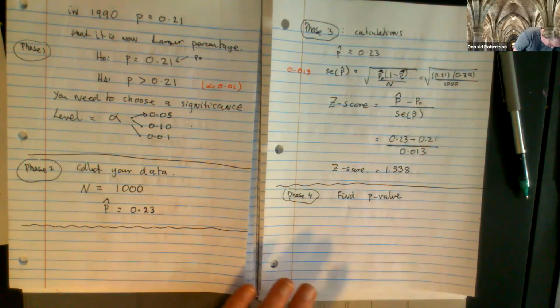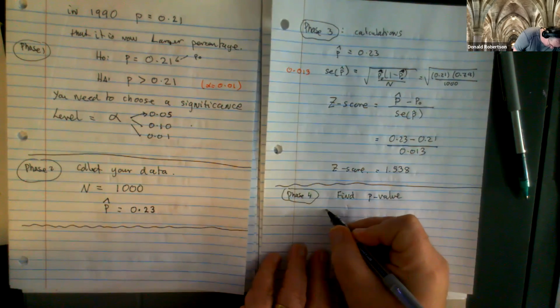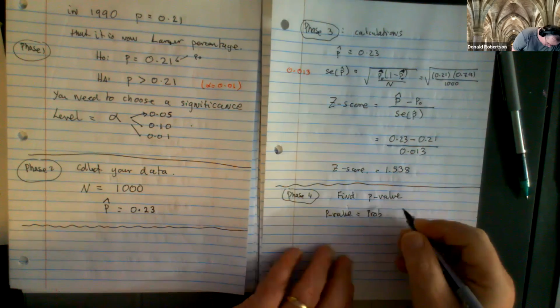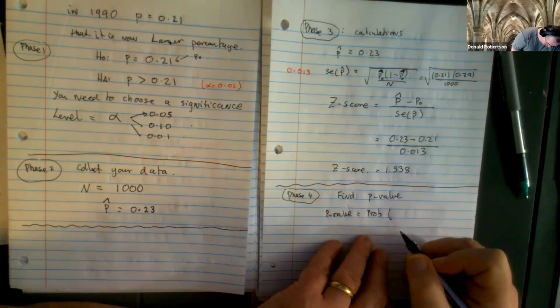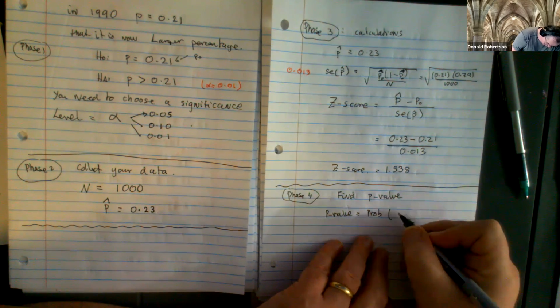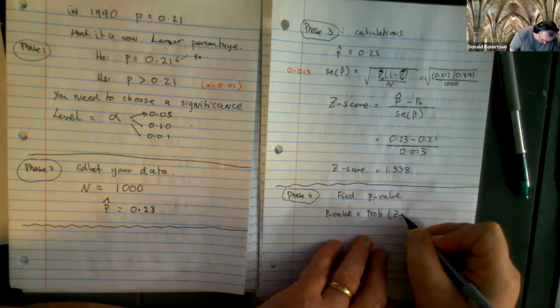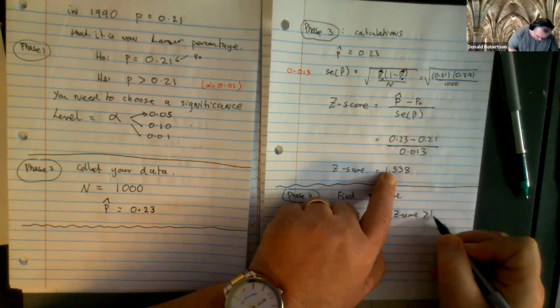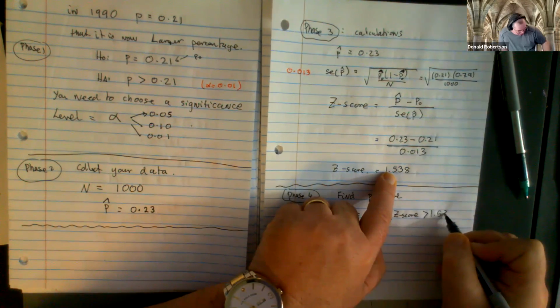In our story then, the p-value is going to be the probability that you got a Z-score greater than that number. Now you may say, well, why isn't it less than that number?